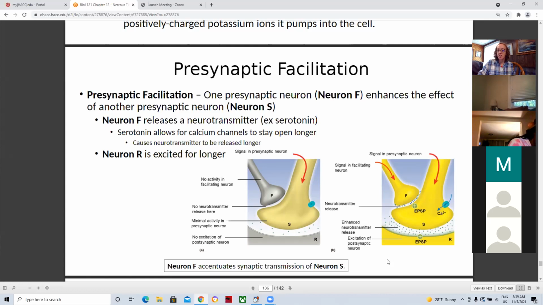If it's released for a longer period, it's released into the synaptic cleft for a longer period. And if it's released in the synaptic cleft for a longer period, it's available to bind to the receptors on the postsynaptic neuron for a longer period.